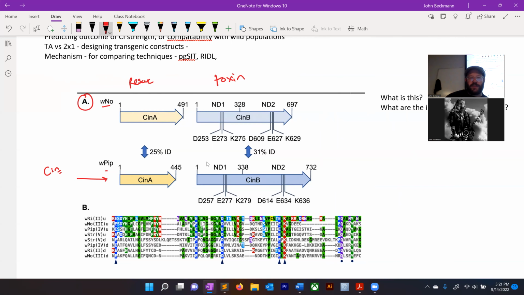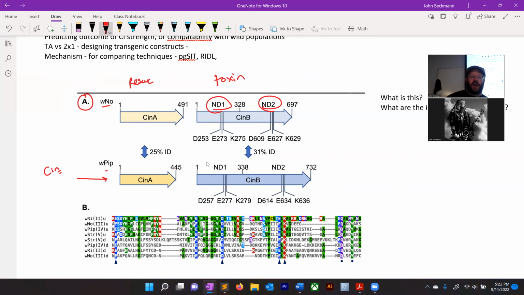What other things are they showing you here that are worth pointing out? Nuclease domains. How many are there? Two. So there's nuclease domain 1 and nuclease domain 2, and that's a staple in these SYNs: they have these two nuclease domains.